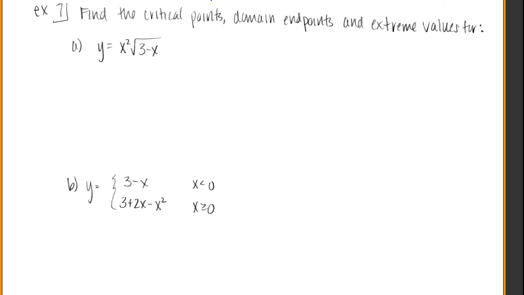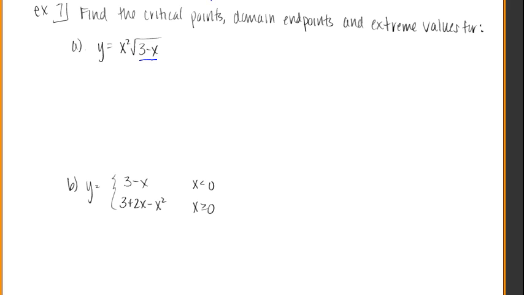Okay. Last example. We want to find the critical points, the domain endpoints, and the extreme values for these two functions. Well, in part A of this example, what I first want to look at is the whole fact of asking us for the domain. Normally, if it was just y equals x squared, our domain would be all real numbers.